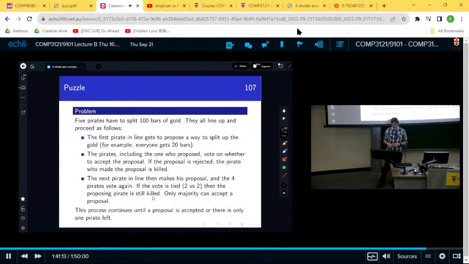Then the next pirate in line makes his proposal, and the remaining 4 pirates vote again. If the vote is tied, the proposing pirate is still killed. Only a strict majority can accept the proposal. This continues until either a proposal is accepted or there's only 1 pirate left. I guess if there's only 1 pirate left, the pirate will vote to accept the proposal.